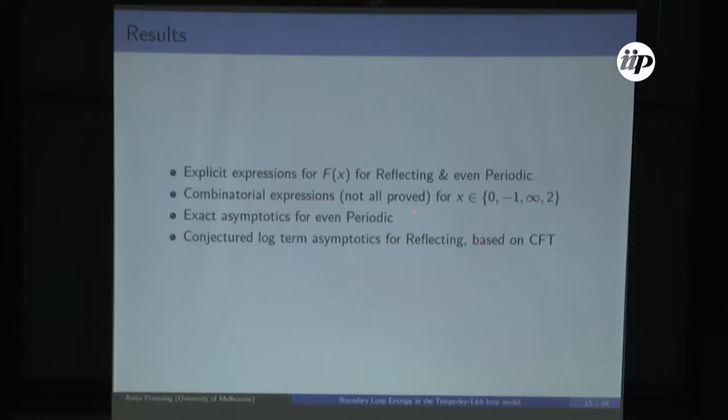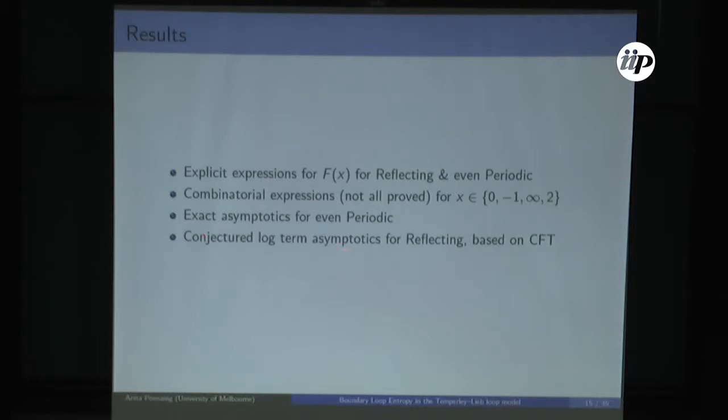And at particular values of x, it gives combinatorial expressions. This has a lot of combinatorics in it, which is what I find mostly interesting about it. In the periodic case, we calculate the asymptotics exactly, the idea being to compare them with predictions that have been made by CFT.